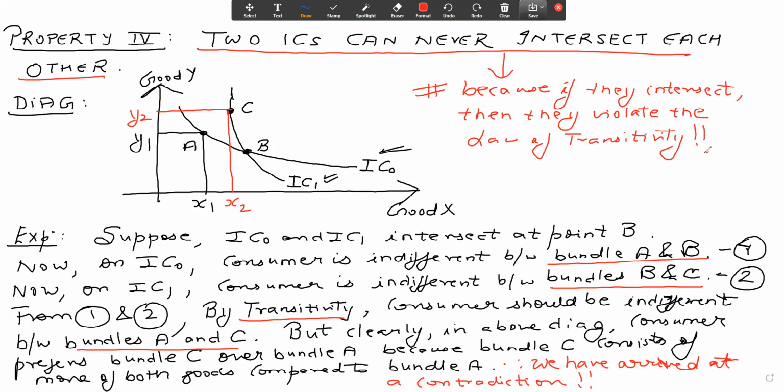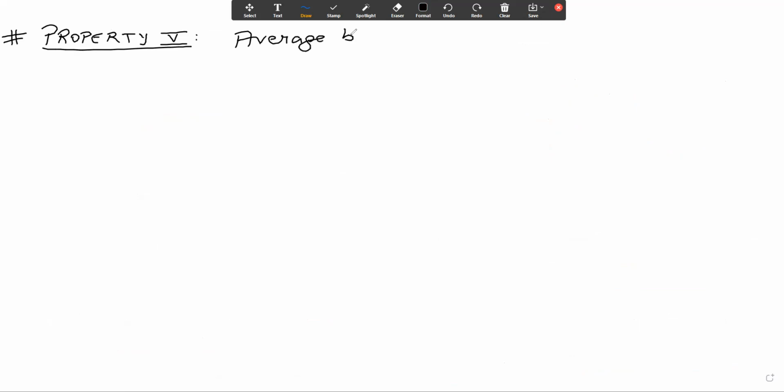Okay, and then you can clearly see the last property we do, property 5, and then we stop in this lecture. Property 5: average bundles are preferred over the extreme bundles.